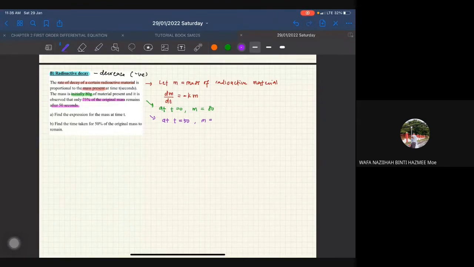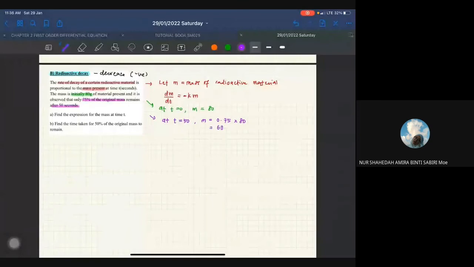So 75% meaning that 0.75 multiply with 80. What do you get from here? 0.75 darab 80 berapa? 60 kan? Okay, so awak dapat 60.